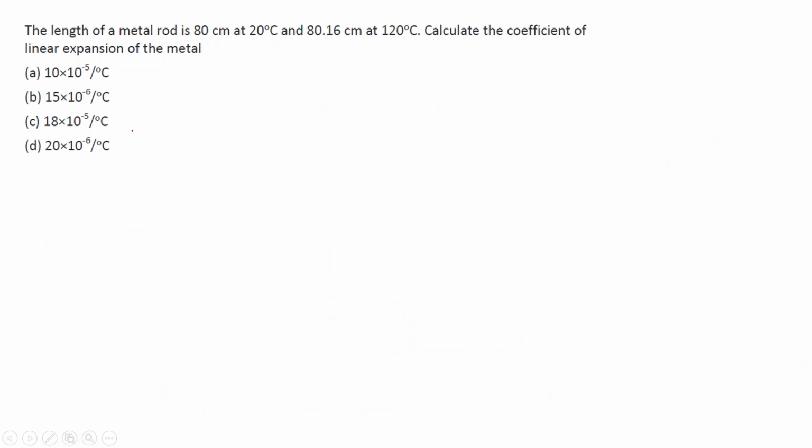Okay. Next question is, the length of a metal rod is 80 centimeter at 20 degrees centigrade. So we have a metal rod at 20 degrees centigrade. Its length is 80 centimeter, and at 120 degrees centigrade its length becomes 80.16 centimeter. Calculate the coefficient of linear expansion.